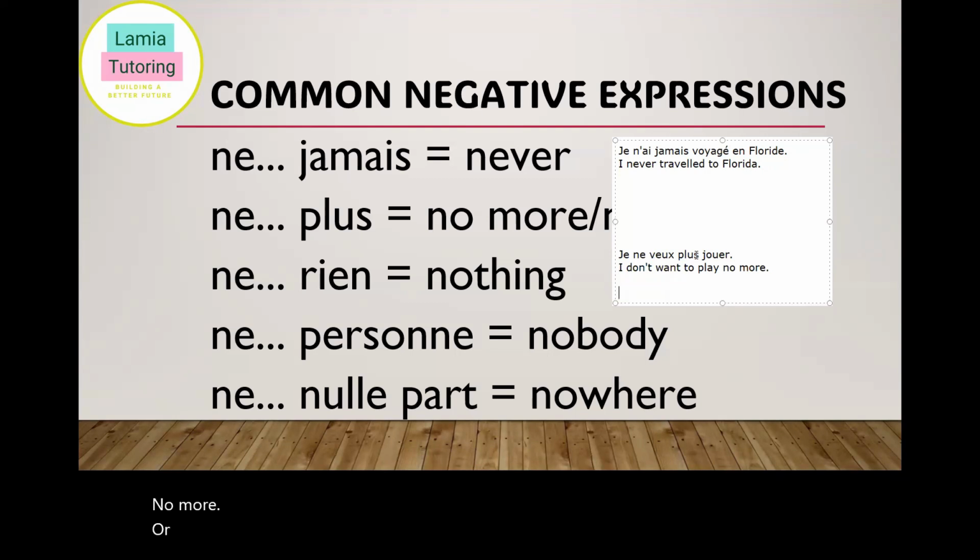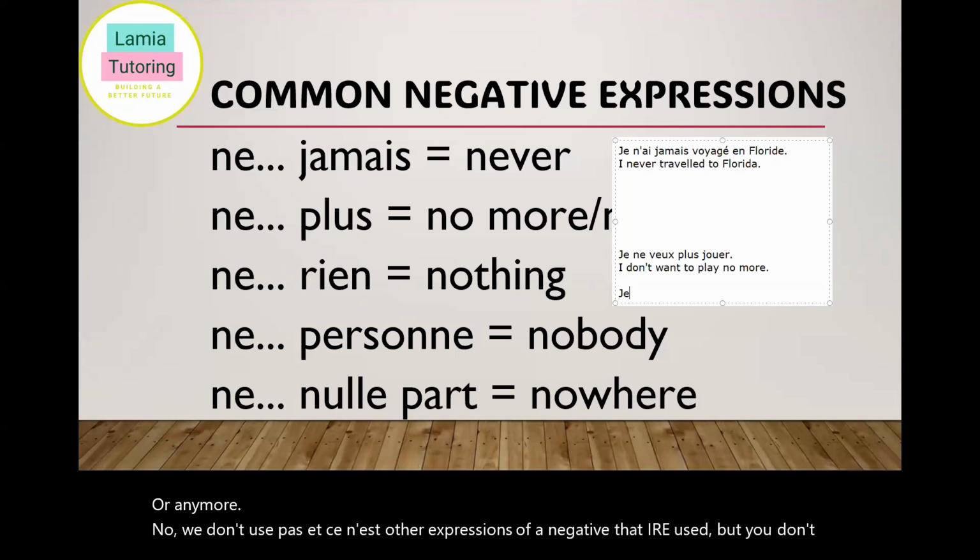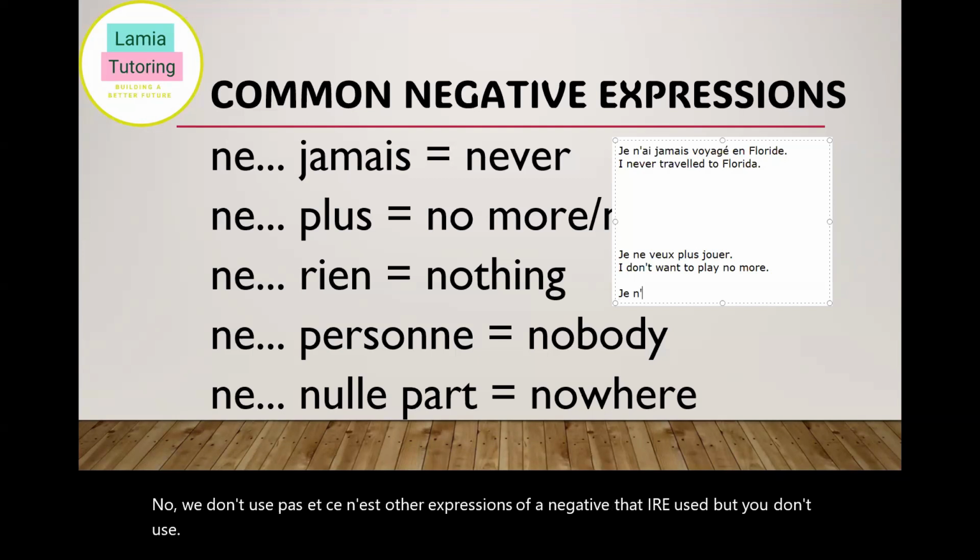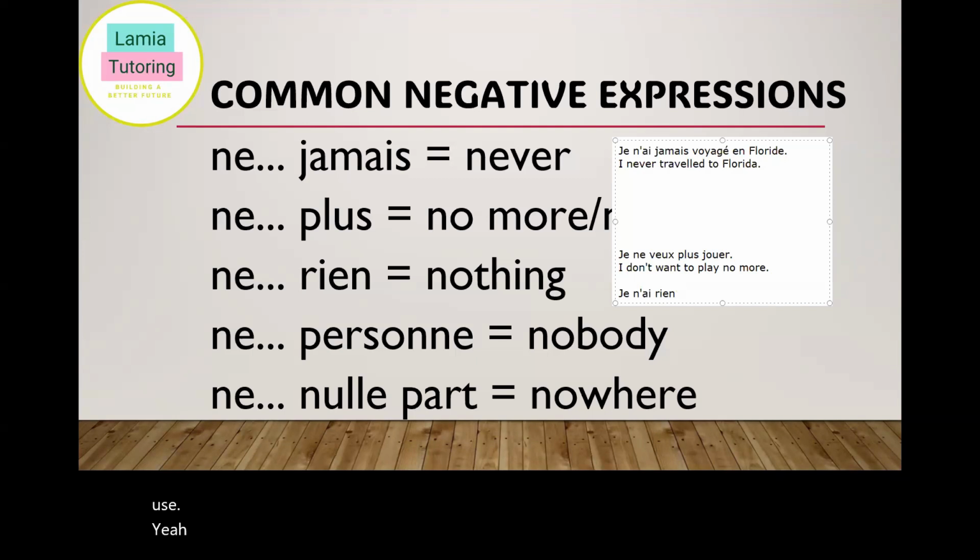In this one, we don't use pas, right? We don't use pas. It's other expressions of a negative that are used, but you don't use pas in it. And then we use ne plus verb and then like plus or rien. So the structure is subject plus ne plus verb plus the next one that you have.